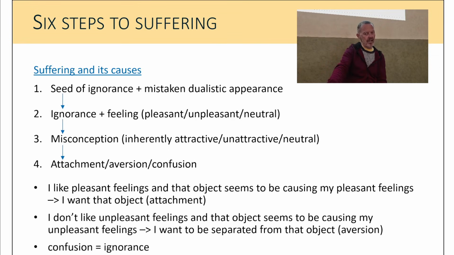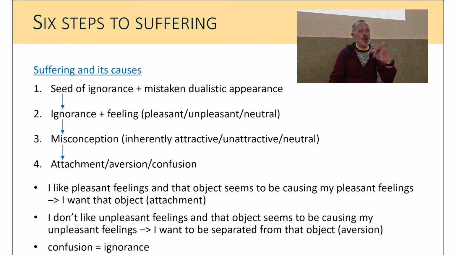And I'm instinctively seeing that this is objectively beautiful, that beauty's there, then of course, that seems to be the cause of my pleasant experience. I like pleasant experiences. I want pleasant experiences. I want that cup: attachment. Or if I'm having an unpleasant experience, then I don't want unpleasant experiences. I don't like them. That cup seems to be causing my unpleasant experience. Get it out of here: aversion.